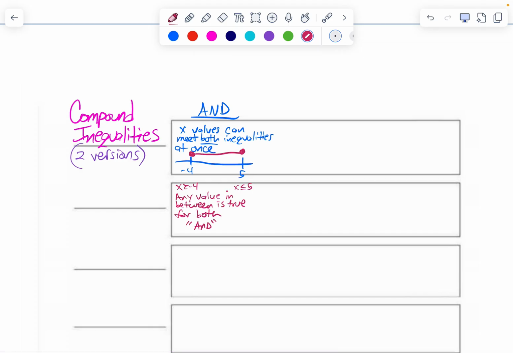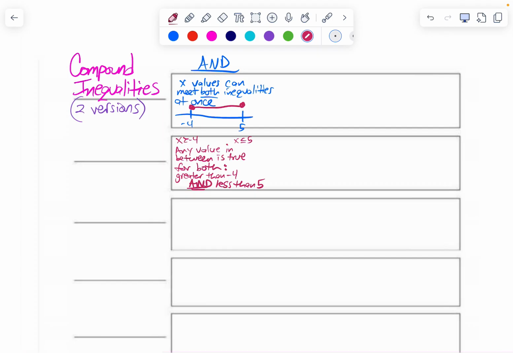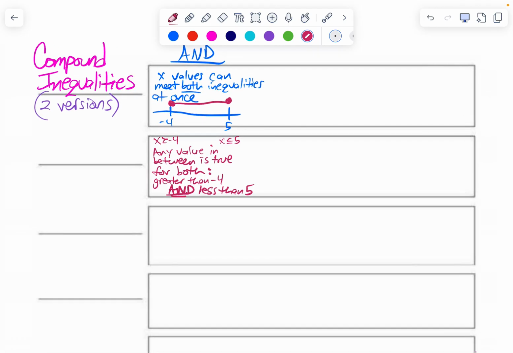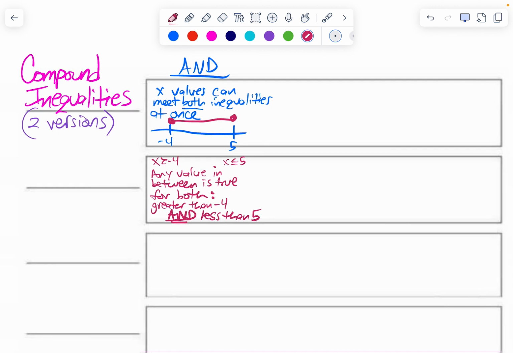Let's write it out and make that super obvious. It's greater than -4 and less than 5. That's where we get our "and" from, because it's doing both at the same time.